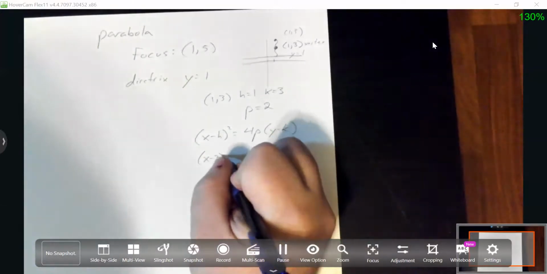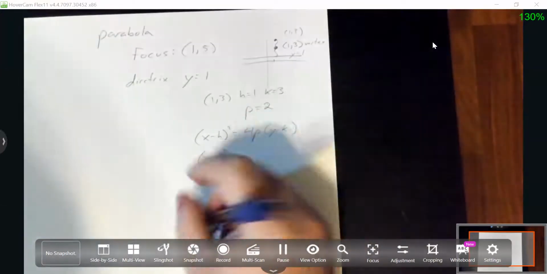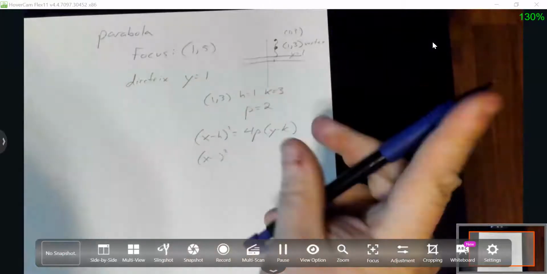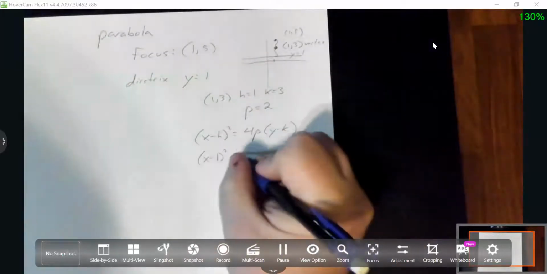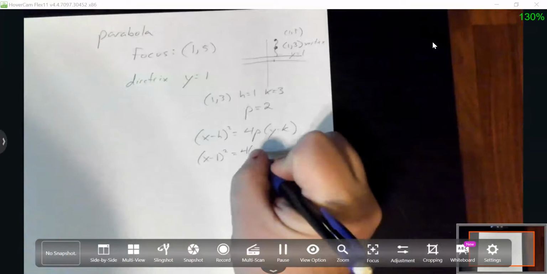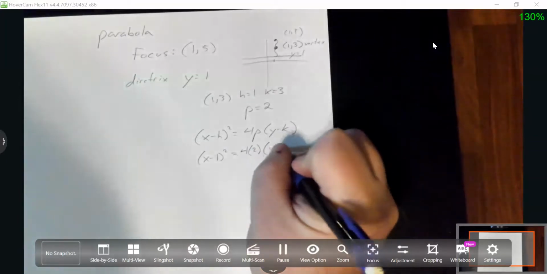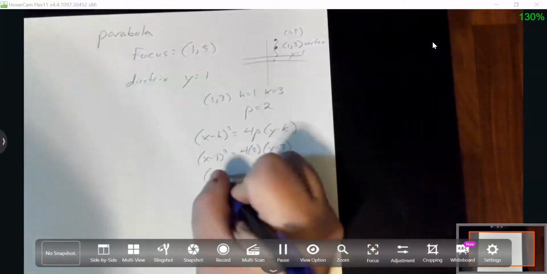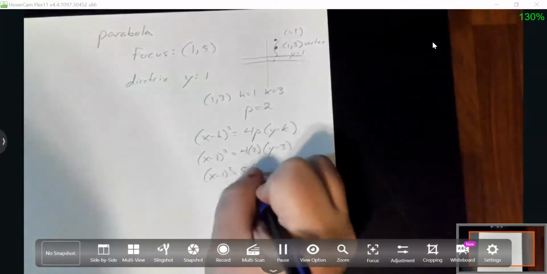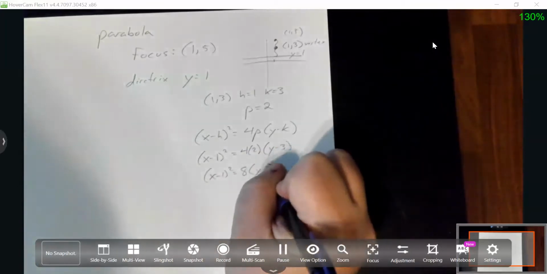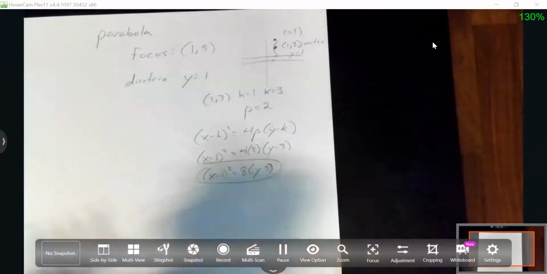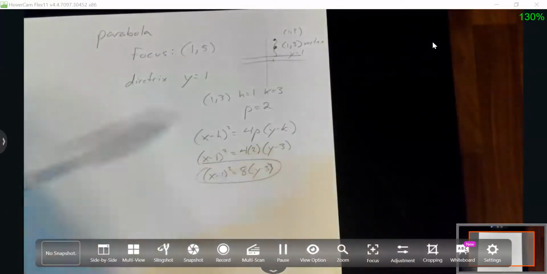I'd have x minus 1 squared has to equal 4 times my p-value of 2 times y minus 3. I get x minus 1 squared equals 8 times y minus 3. And that is the equation of the parabola that has a focus at 1, 5 and a directrix of y equals 1.